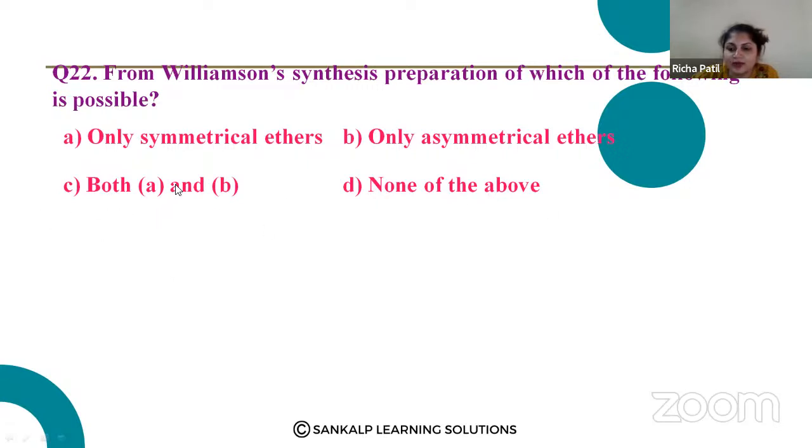Good, many answers are coming, all have answered it right. It is C, so both A and B. You can prepare both symmetrical as well as unsymmetrical ethers.